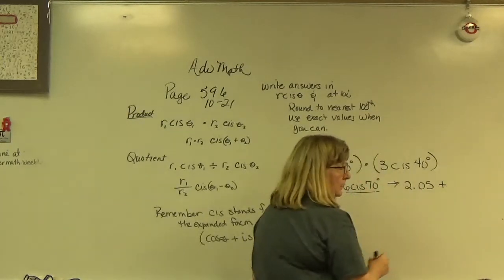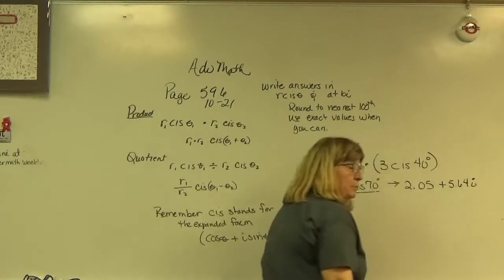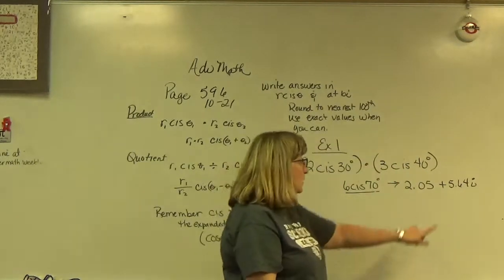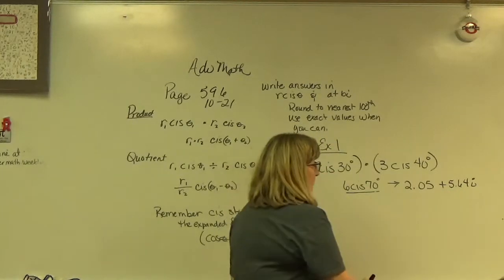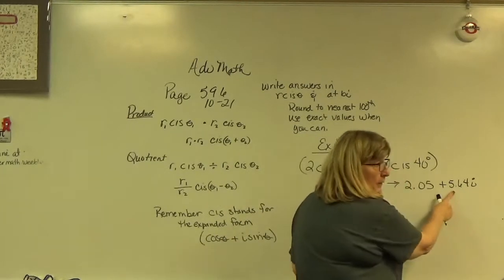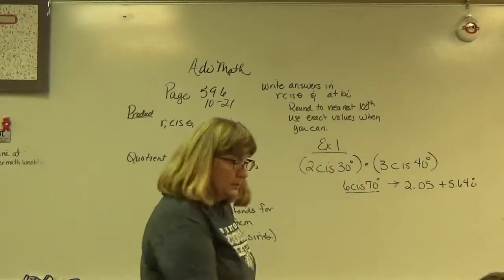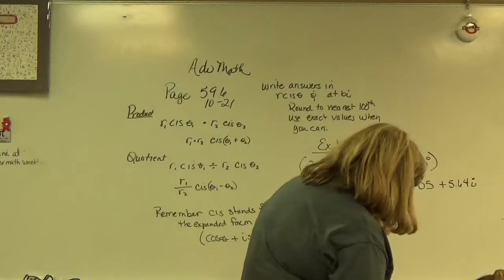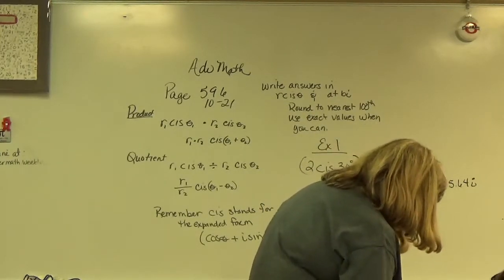This will be plus 5.64, and this is the i. Remember, the sign always goes with the i. You can't add these together because this has the i and this one doesn't. I had 4.64? Somebody else check it. I got 5.64. Okay, 6 times sine of 70.